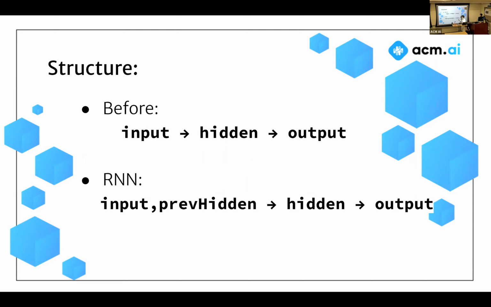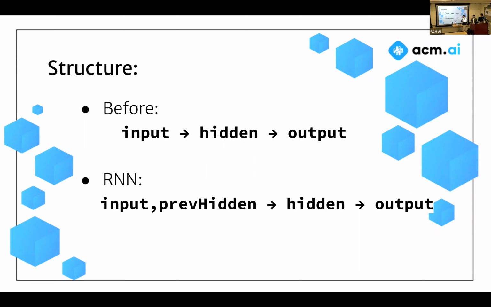Remember that an input might affect the training process for the next input. So the first second of the video might also affect the second of the video. If we have our input here, instead of just having a hidden layer, we take the previous hidden layer that we just trained and put all of that into our hidden layer, which will train both the input and the old layer.